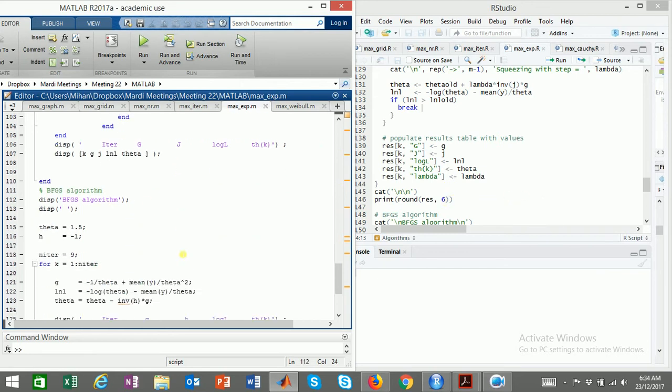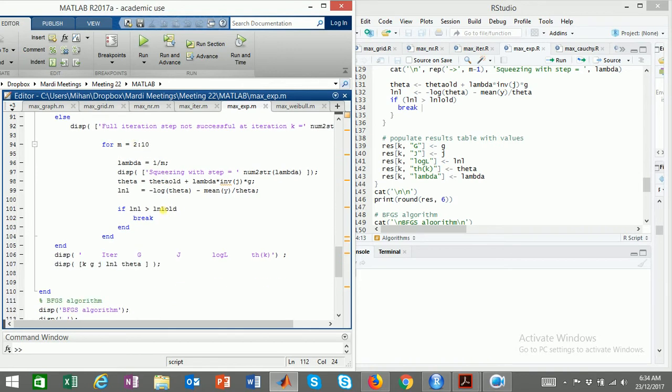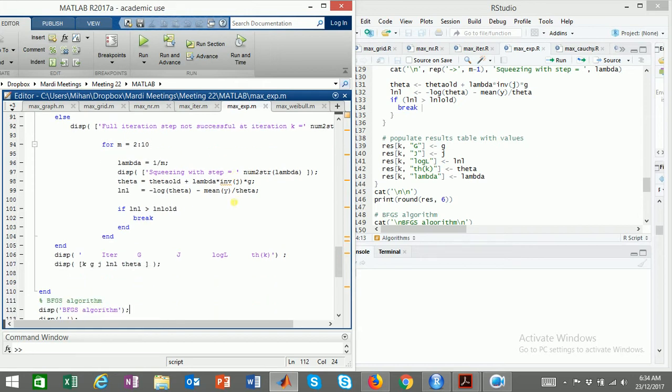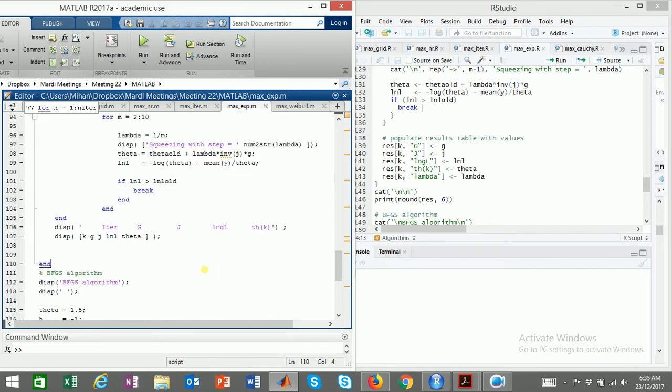Then comes the BHHH algorithm. It was interesting, no? So if log L is greater than this, the iteration is successful, so it ends. If not, then it will continue until we have a higher log L. Until we have it, then we will continue.